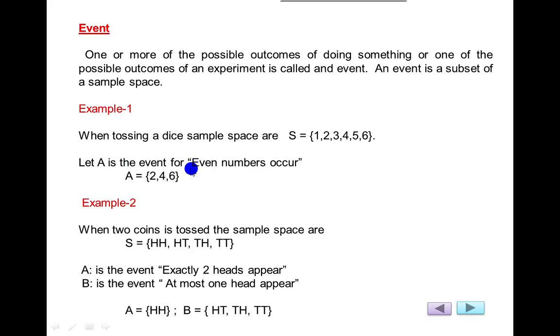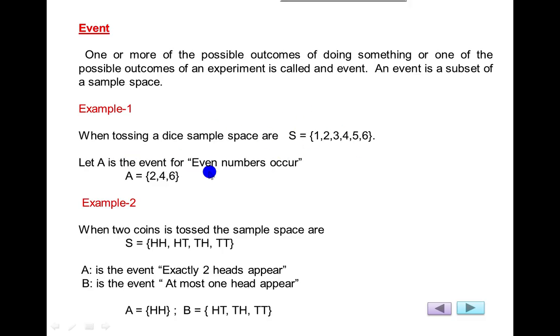Let A be the event that an even number occurs when you throw a dice once. From this sample space you can select the subset, because event is the subset. A is 2, 4 and 6. Even numbers are 2, 4, 6. So A is the part or subset of the sample space.